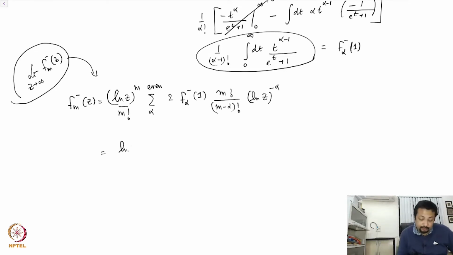So I can now write it down, using the values of these functions.